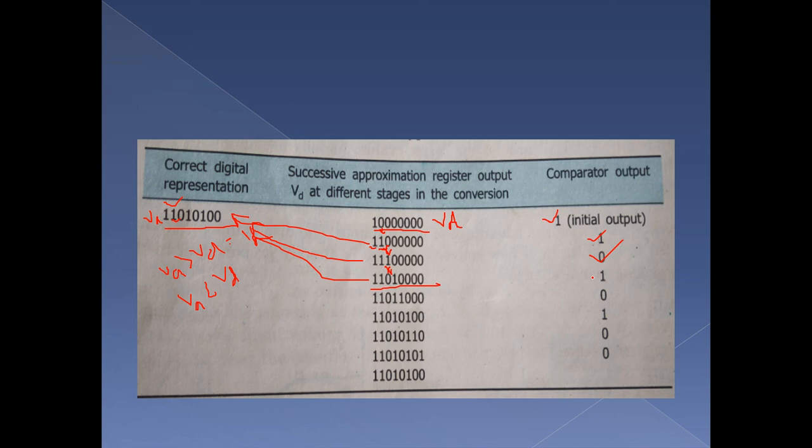So VA is greater means the comparator output will be 1. Next we change the following bit to 1 and compare with the input.